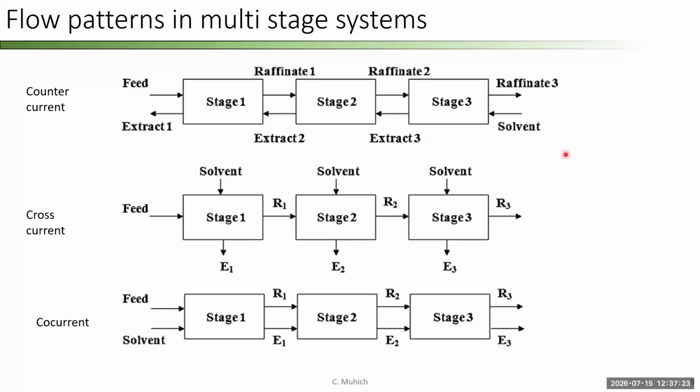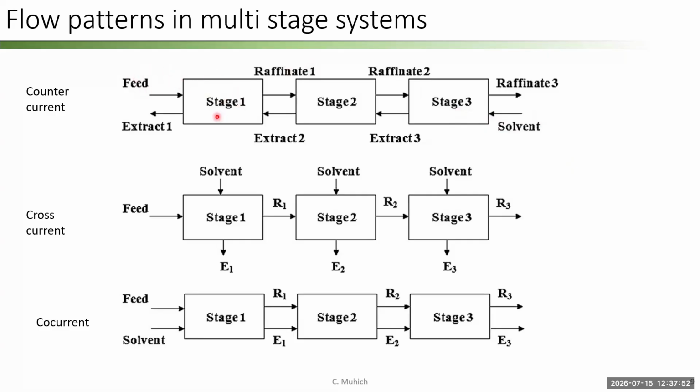Therefore, we generally operate multi-stage systems in what's called cross-current or countercurrent flows. I'm going to start with countercurrent because it's sort of the opposite of co-current, and cross-current is sort of in between. In our countercurrent flow, I have one feed that comes in from, say, the left, and another feed that comes in from the right.